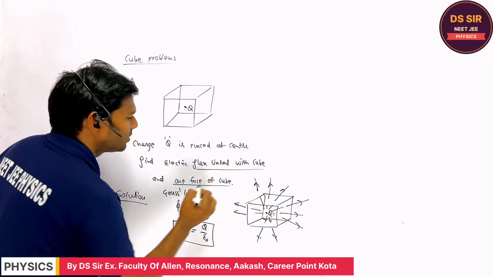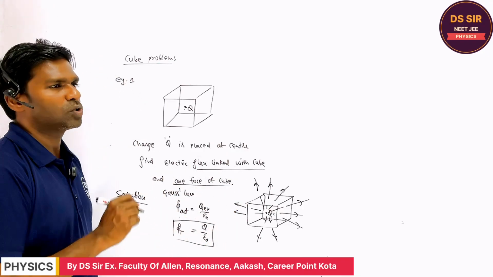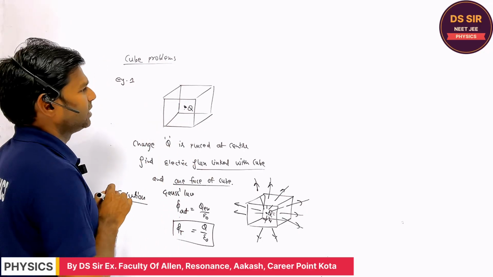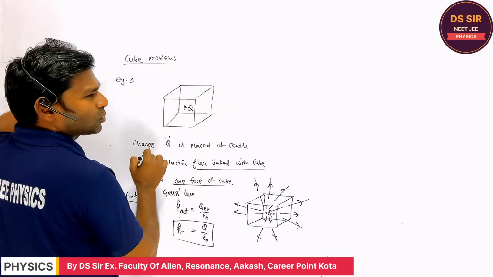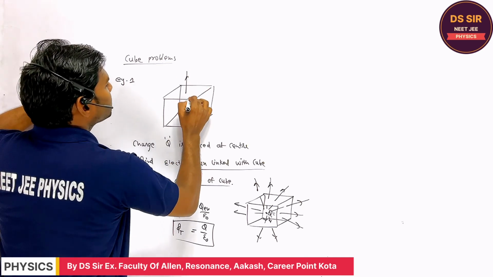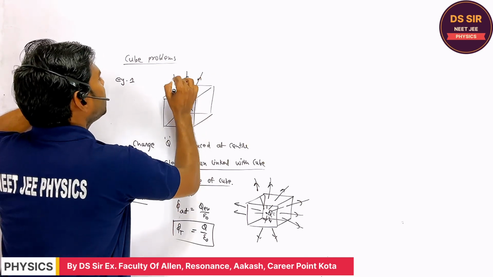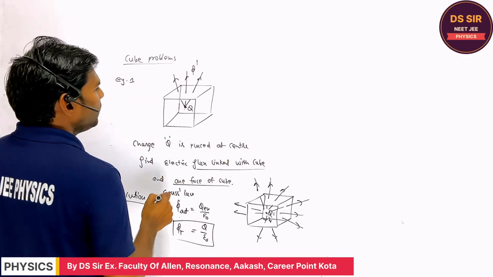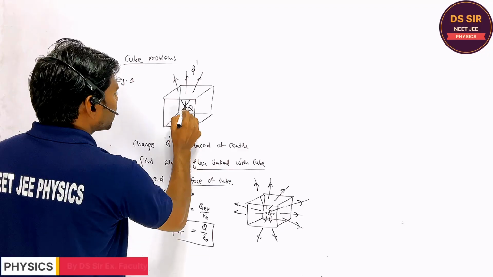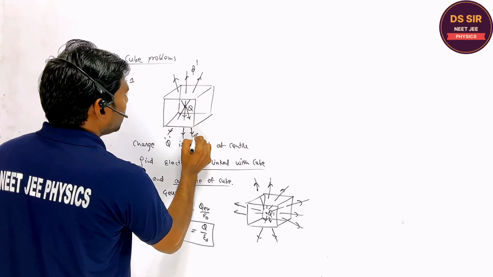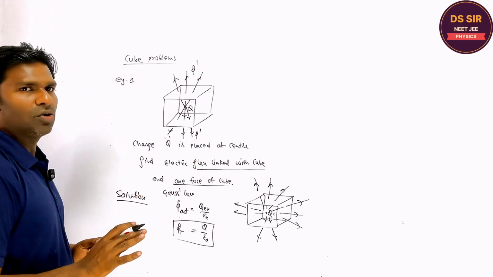The second part, the flux linked with one face of the cube. Listen one thing. This charge is placed symmetrically with respect to the faces of the cube. So if this is the flux linked with one face, in the same way the same flux phi dash is linked with each face. Is it clear or not?